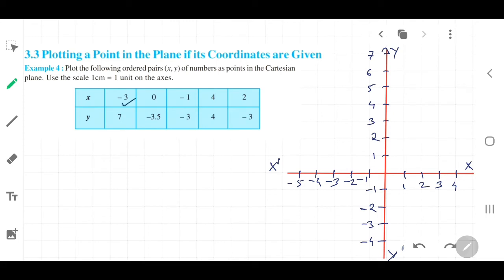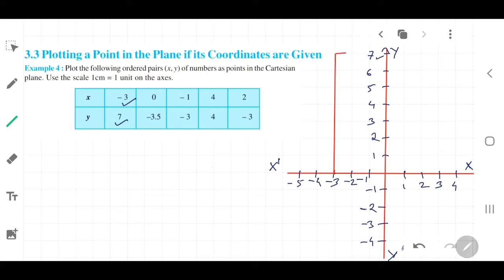x has got minus 3 and y is of 7. So in the place of x, you choose -3. So here we got -3, correct? And y is 7. So here we got y as 7. Okay. So both you join together. You plot the numbers. Correct? It is still here.